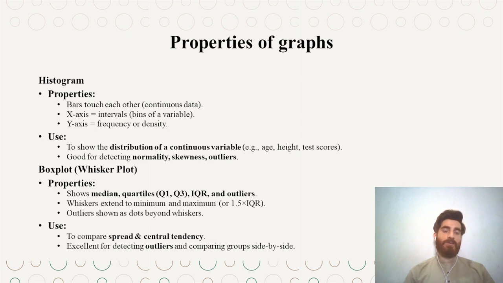There is no separation between the bars. And on the y-axis there is frequency or density. Its use is to show the distribution of a continuous variable. Good for detecting normality, skewness, outliers.